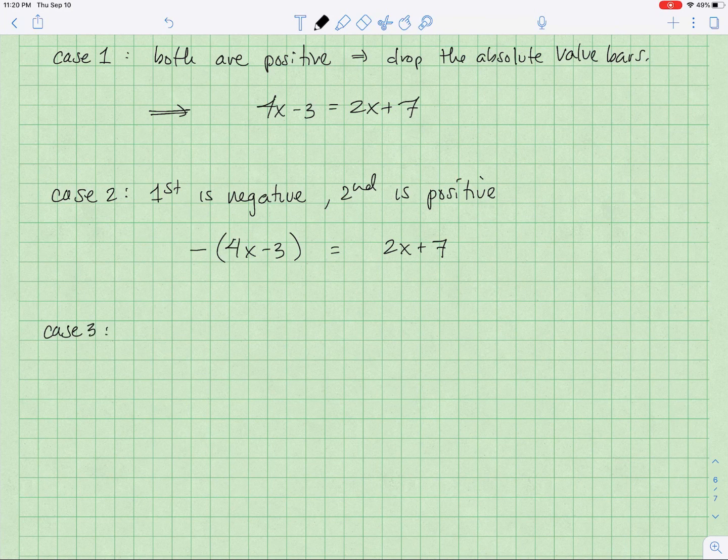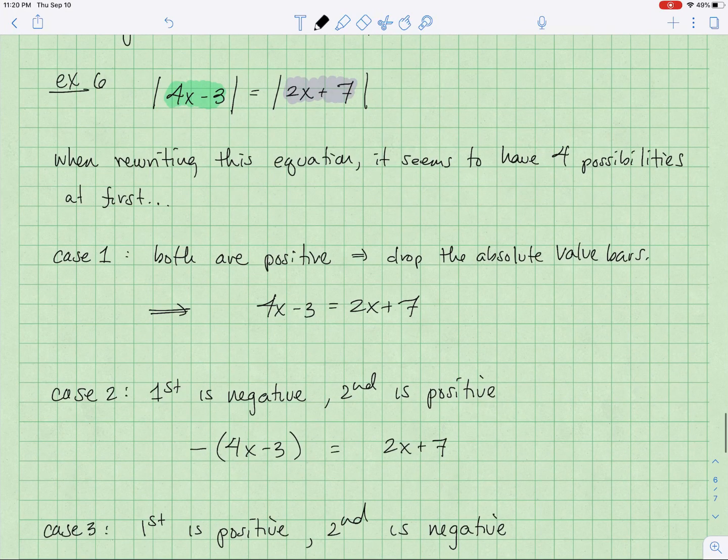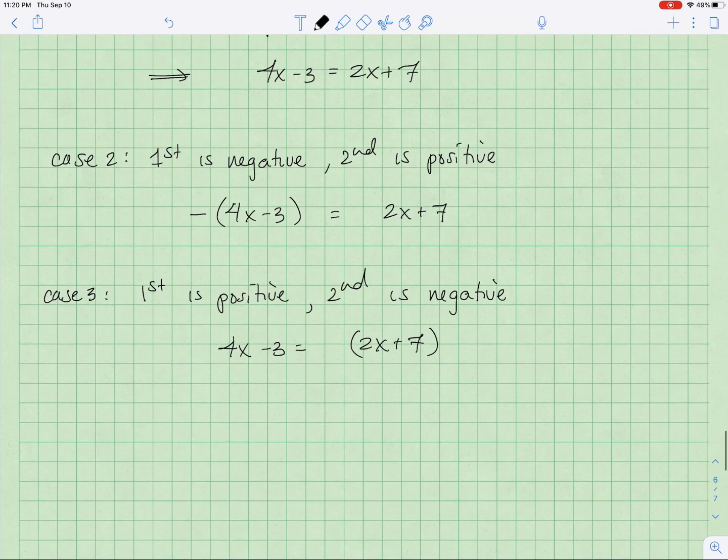Case 3, the first is positive, but the second is negative. And so what we would have is 4x minus 3 is equal to 2x plus 7, where we interpret the absolute value of the right side as being opposite in value, negative.